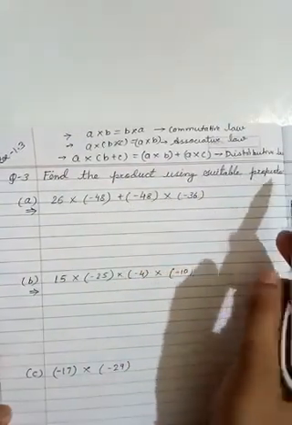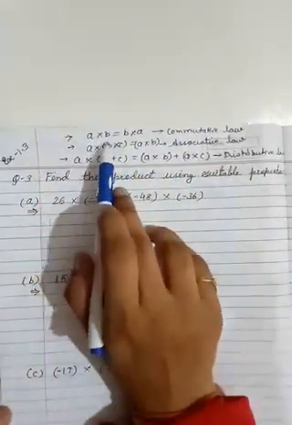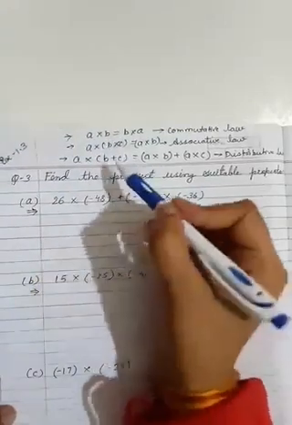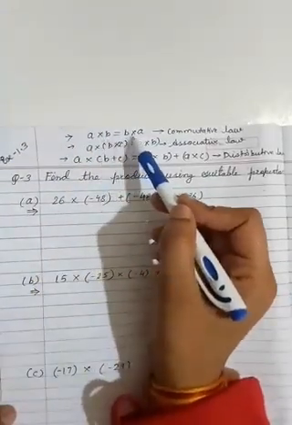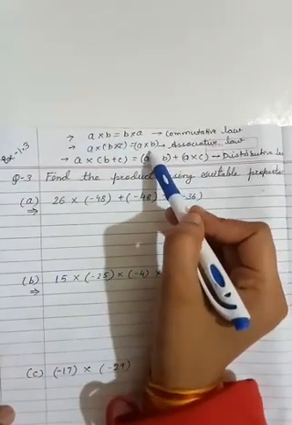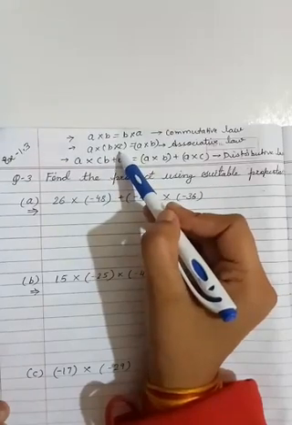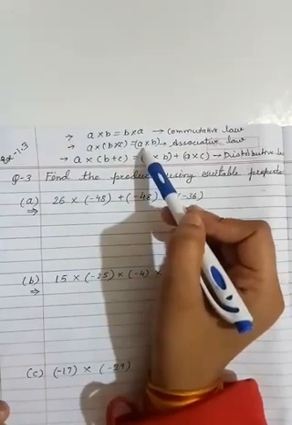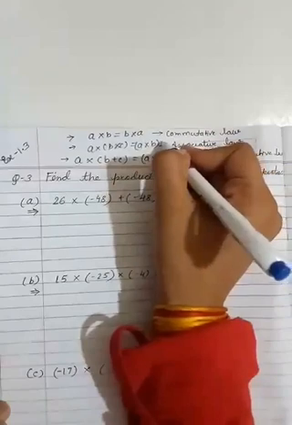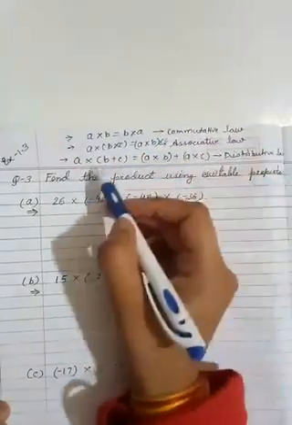Before starting the question, you can see that I have written all the properties that I have explained to you. First is A into B equals B into A, that is commutative law. Second is A into B into C, here B and C are grouped together, and A into B into C, that is associative law.